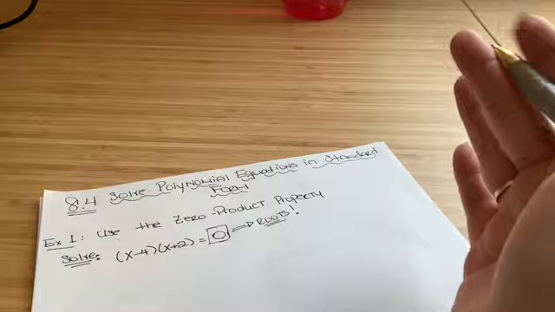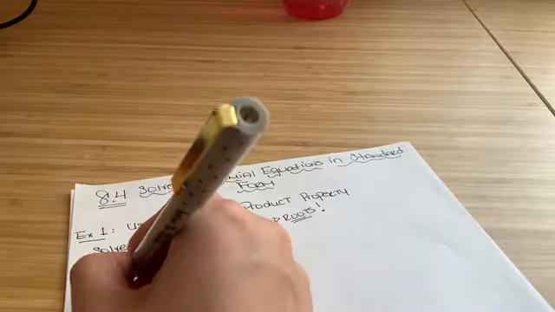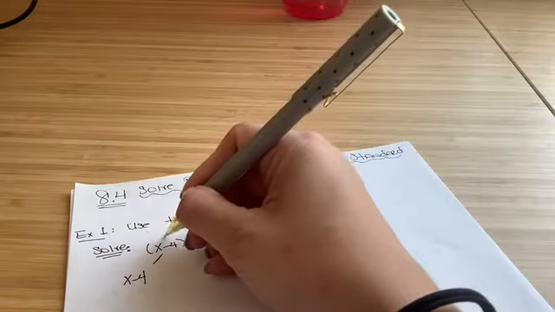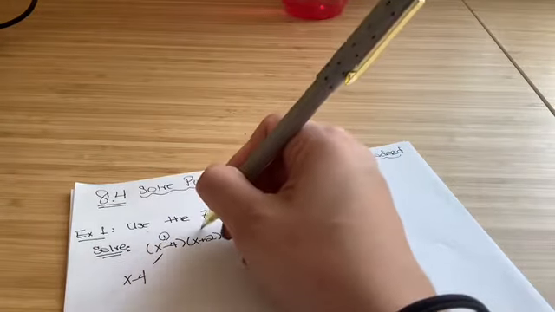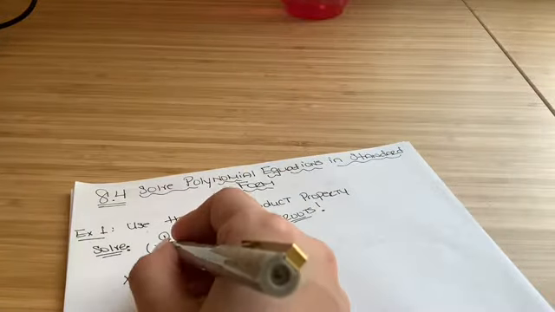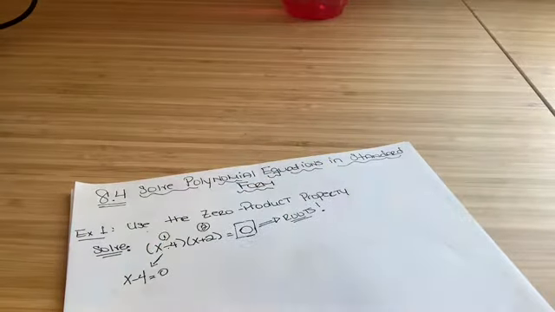So let's just begin. You have your first binomial, which is x minus 4. We want to solve for binomial 1 and binomial 2. You have to take this first binomial and set it equal to 0.